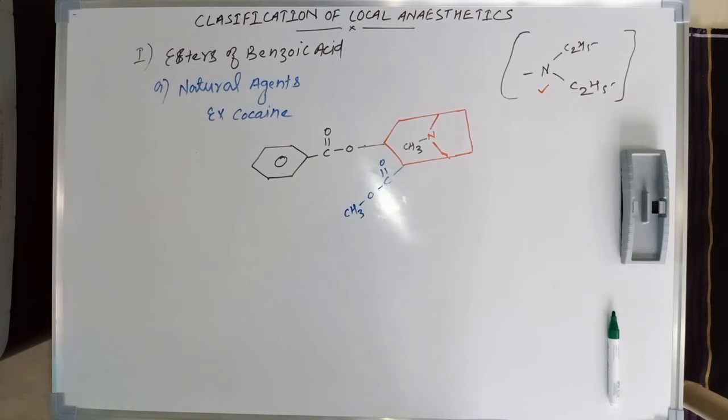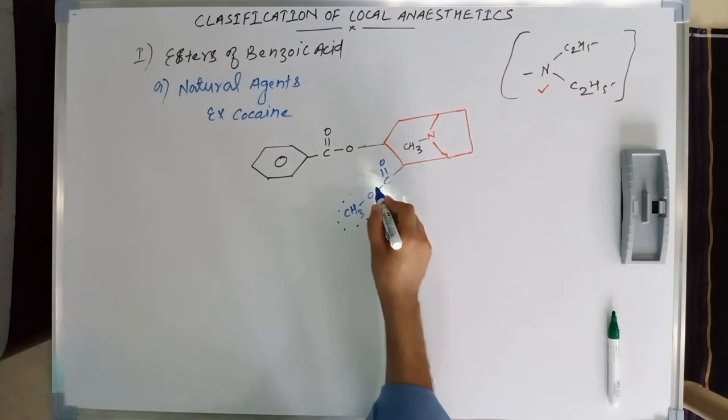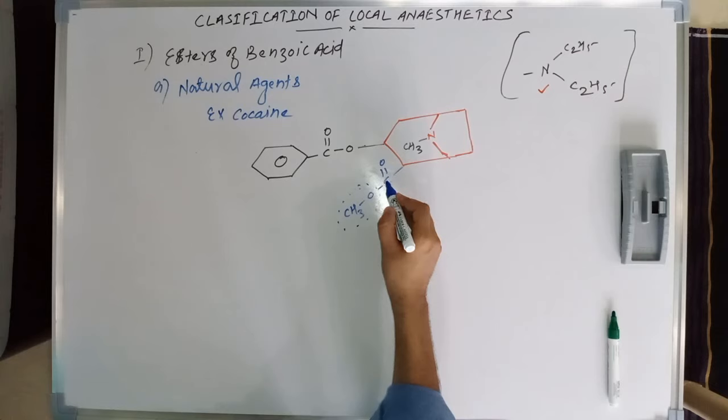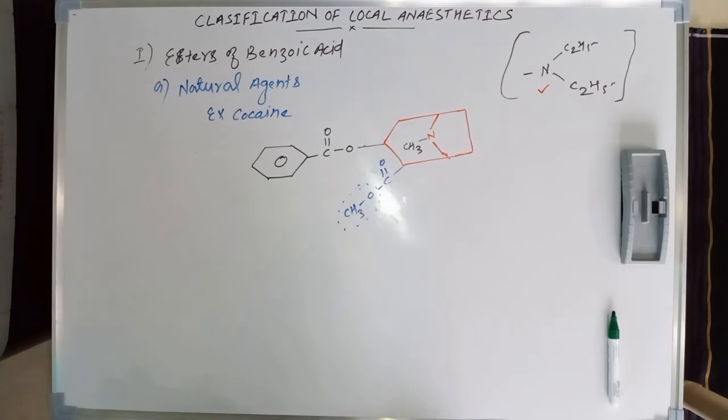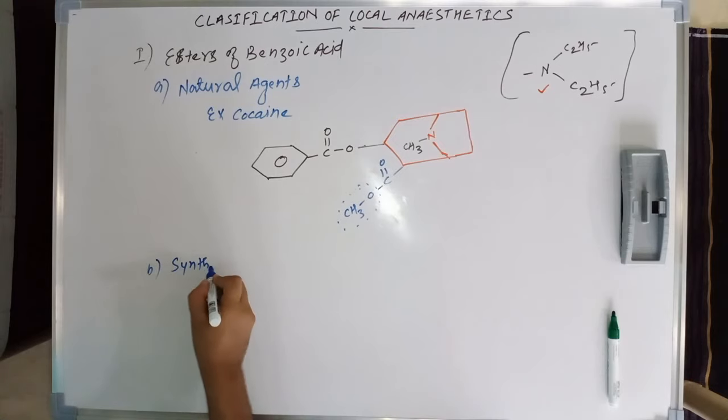This is the structure of your cocaine. This is the methoxy group, and this is the carbonyl group. So a methoxycarbonyl group is present on this 8-membered cyclic ring. This is your cocaine.